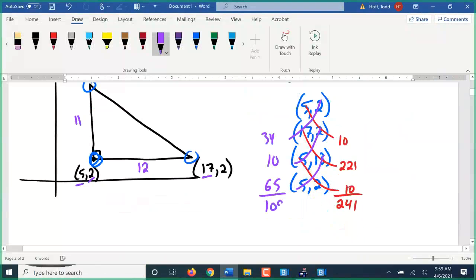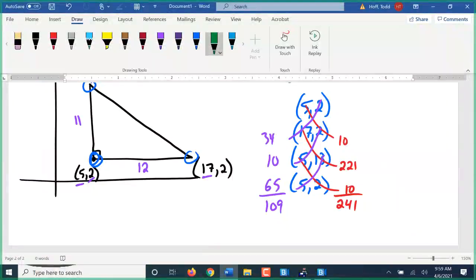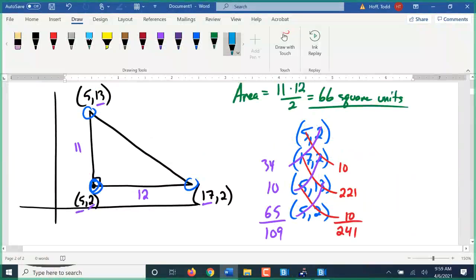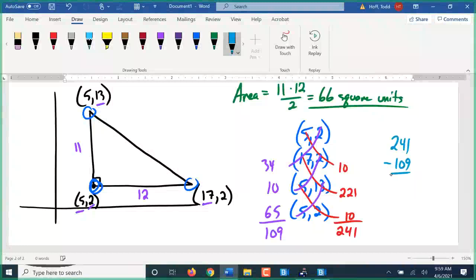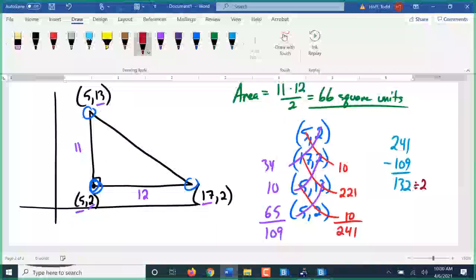Adds up to 109. So now again, we take the bigger one minus the littler one. So 241 minus 109 gives us 132. Divide that by 2, it is 66 units squared. So we get the same answer using this coordinate formula.